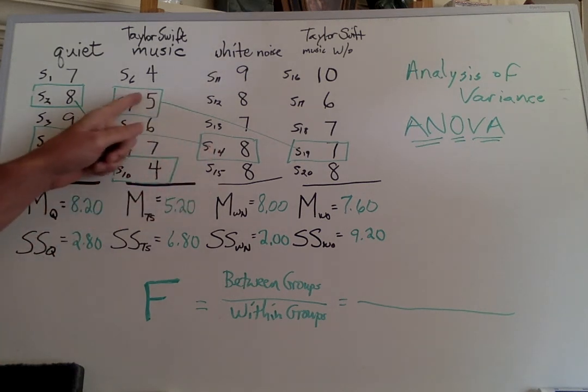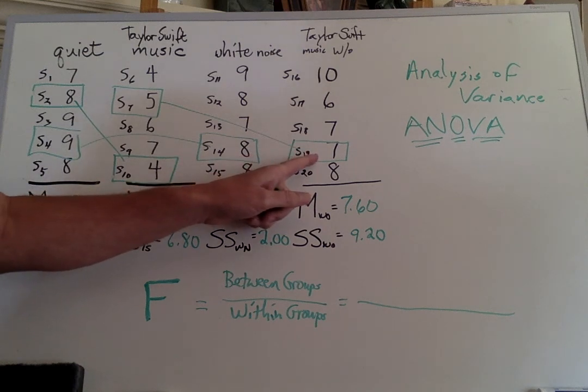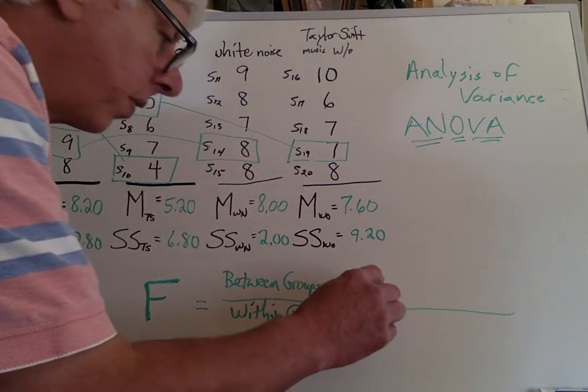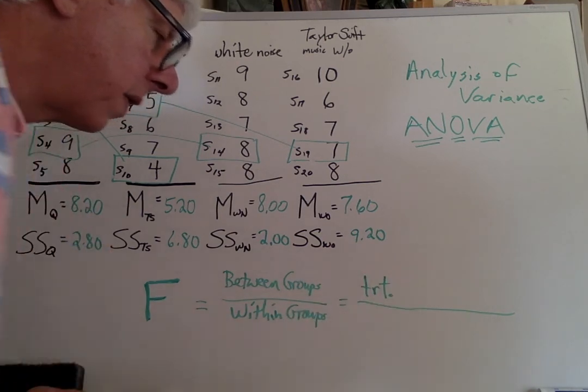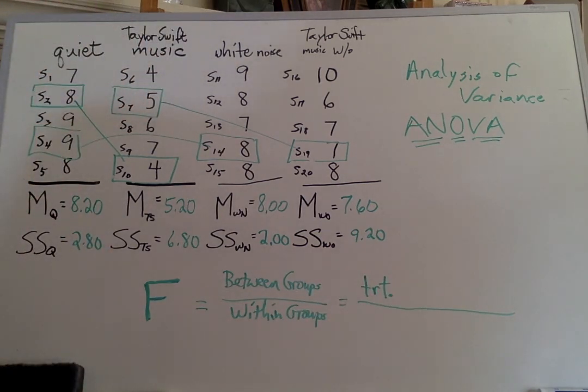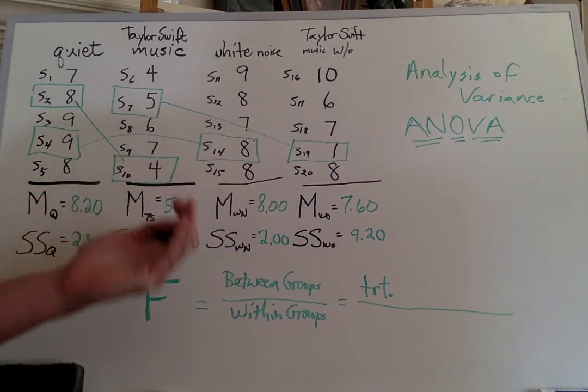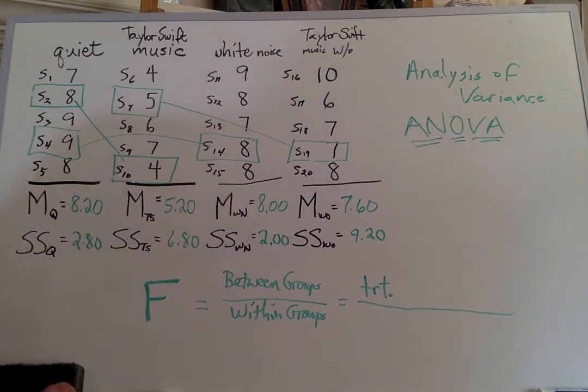This person's in the Taylor Swift, this person's in Taylor Swift without lyrics. So the reason that we may see some of those differences is because of the treatment, which is really what we want to address when we're doing our research. I want to know if the treatment's causing a different effect.